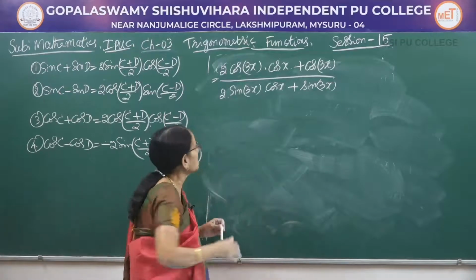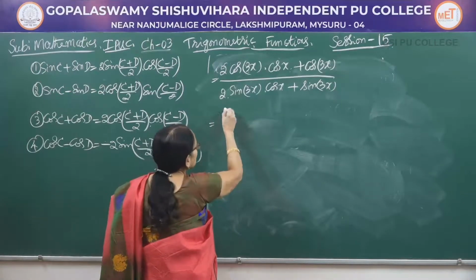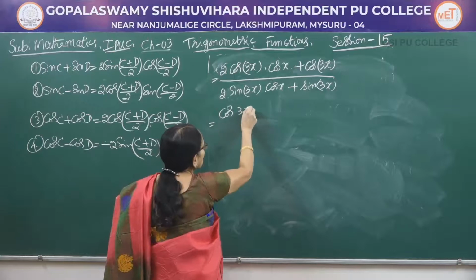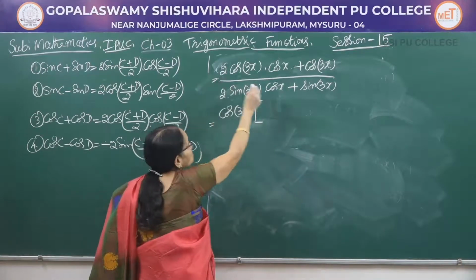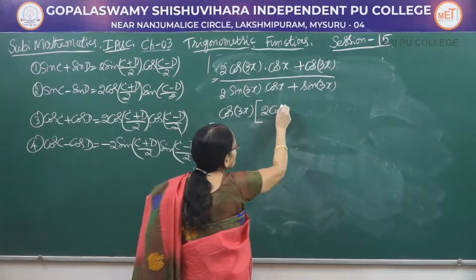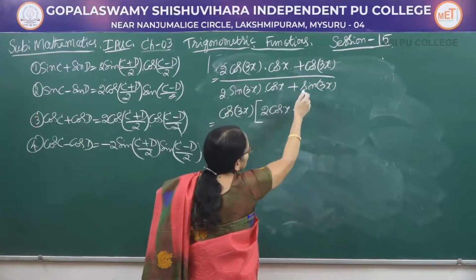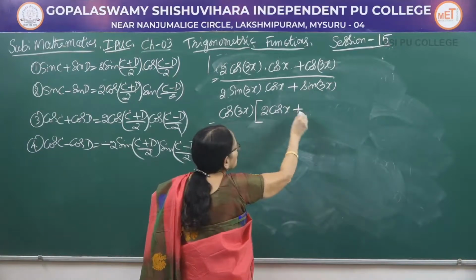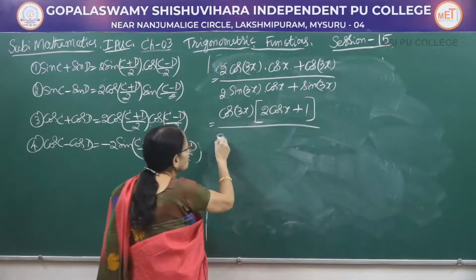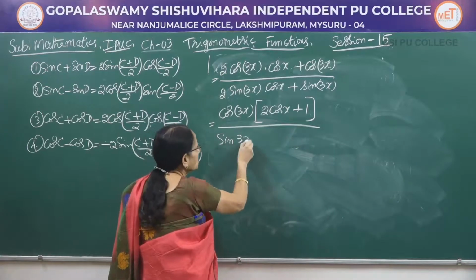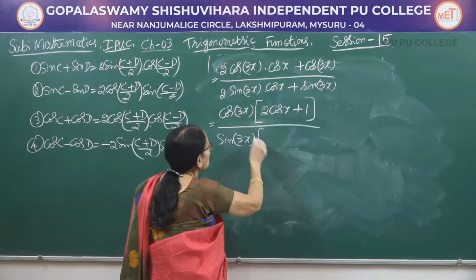Now clearly you see that you have a common factor from both the numerator and denominator. What's the common factor? From the numerator, it is only cos of 3x. Cos of 3x, right, up inside the bracket, 2 is remaining and cos x is remaining. In this second term, there is only one cos 3x which has been taken outside, so 1 remains. Same thing in the denominator, it is sin of 3x. Take it as common factor.